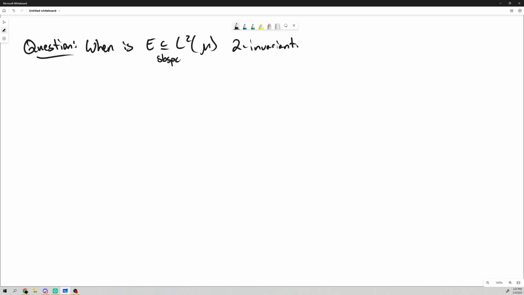How can we characterize doubly invariant subspaces? It actually turns out to be quite a simple way of characterizing them. And this is a result by Norbert Wiener. Yeah, Norbert Wiener.